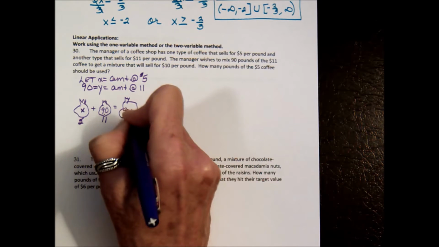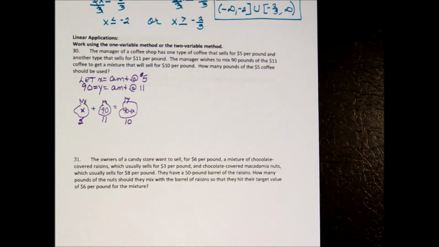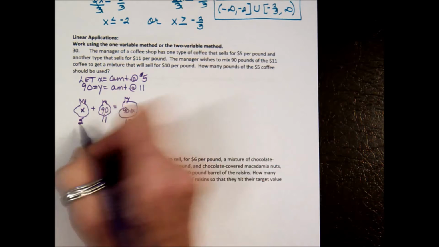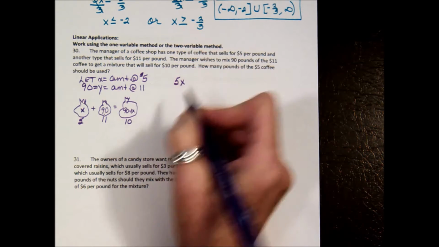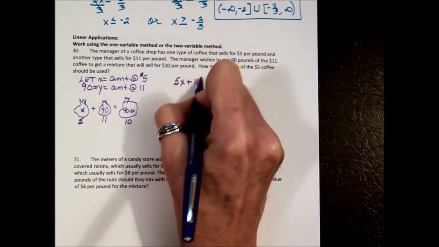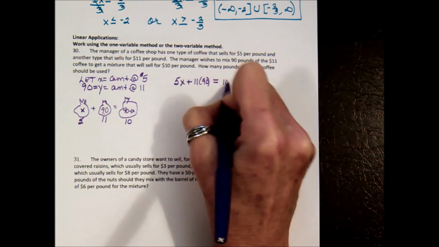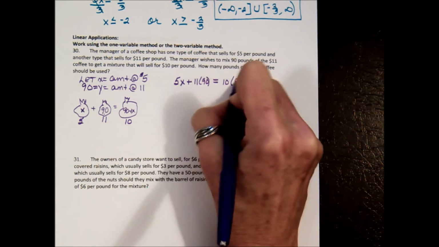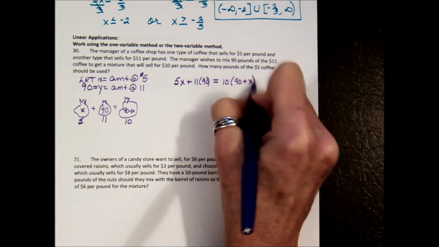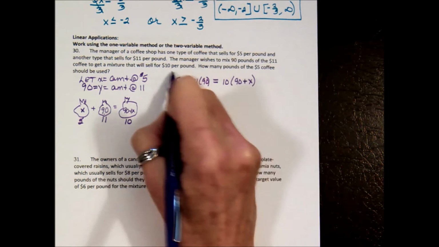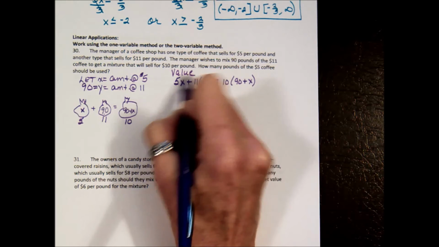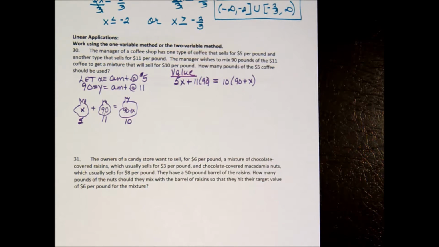And it turns out in this case, I don't need two equations. I know that 5 times x plus 11 times 90 is going to equal 10 times this total, which is 90 plus x. So this one's a little bit different. You really only have a value equation, and I can solve it because there's only one variable.